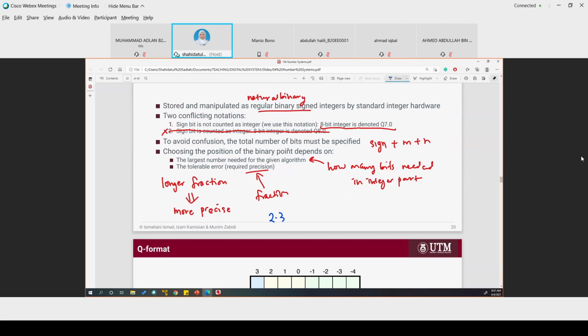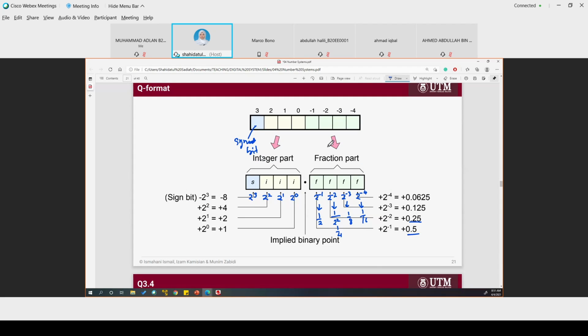Right? I hope you still remember how to interpret the fraction, or convert the binary fraction to a decimal fraction.